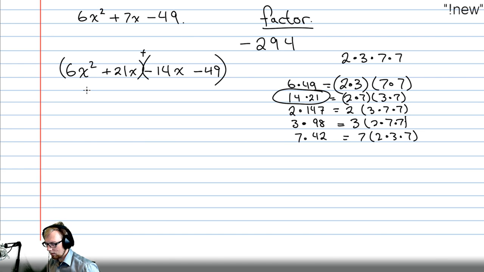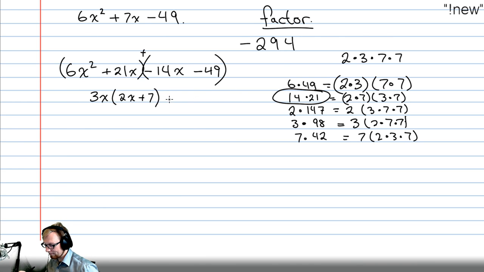Okay, so what are you taking out? 3x. And you're left with x plus, so what's 6 divided by 3? 2. Okay. So go ahead, continue. So 2x plus 7. There you go.